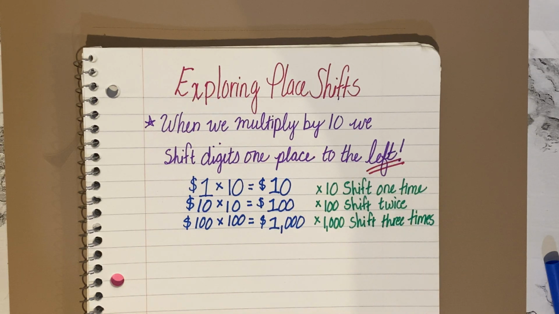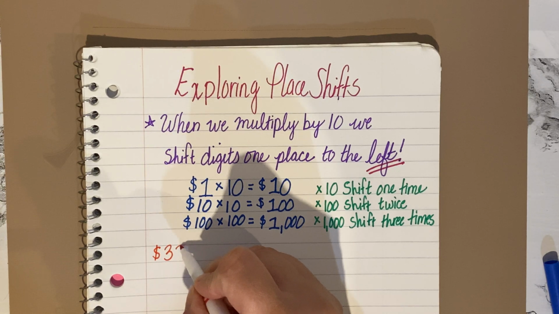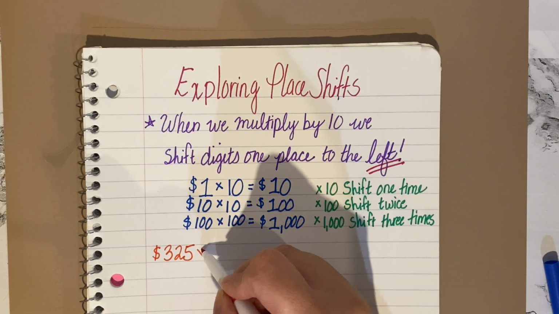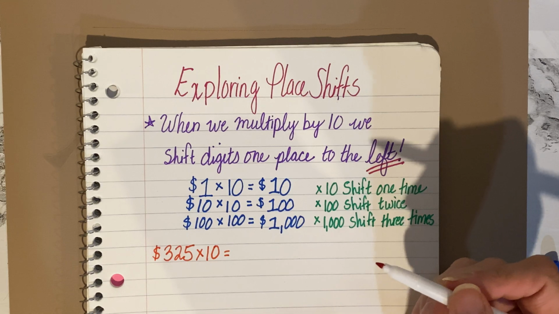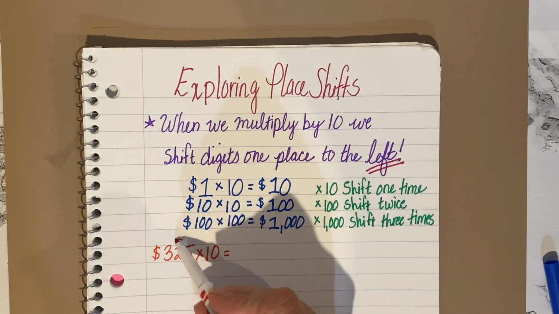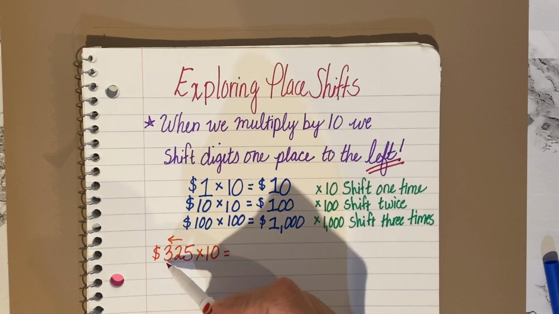Let's do a couple more examples. If we have $325 and we multiply that by 10, that means we are going to shift every digit one time to the left. So our 3 is in the hundreds place.